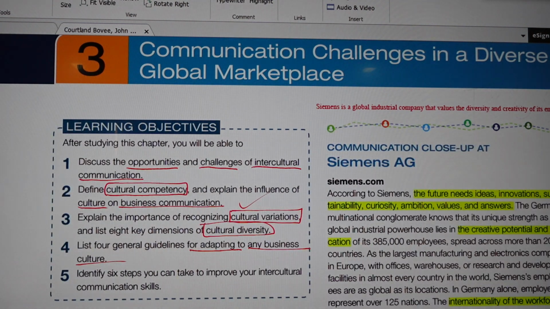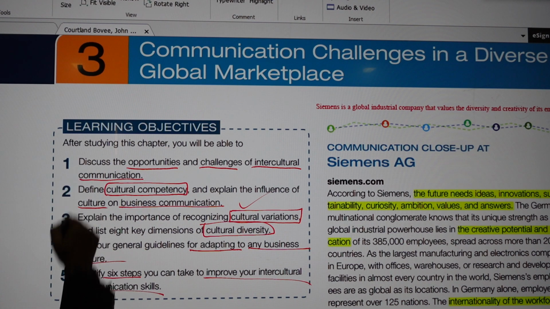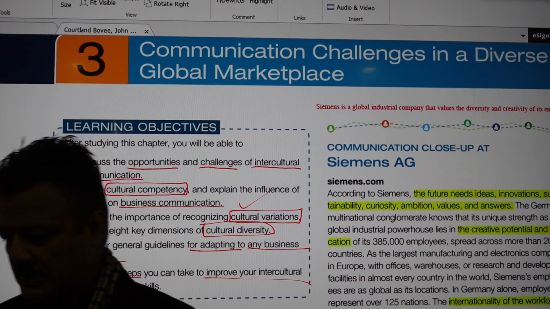You want to work in Thailand. You are in Nepal. Your factory is in Nepal. You want to sell a product in Thailand. So how to understand Thai culture so that you can attract Thai consumers to your product. Then we'll learn about 6 steps to improve intercultural communication. So this is the subject matter we'll focus in this lesson.